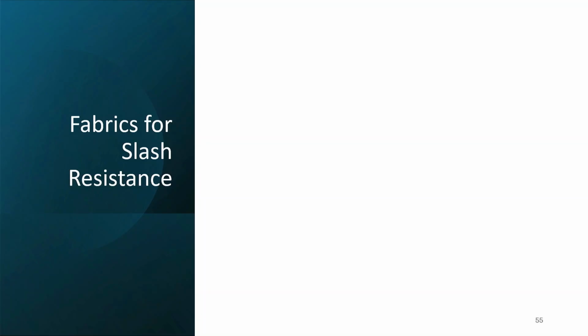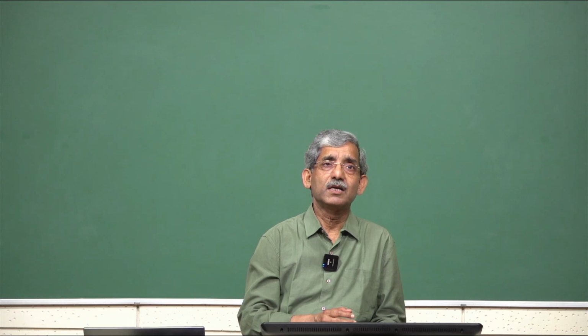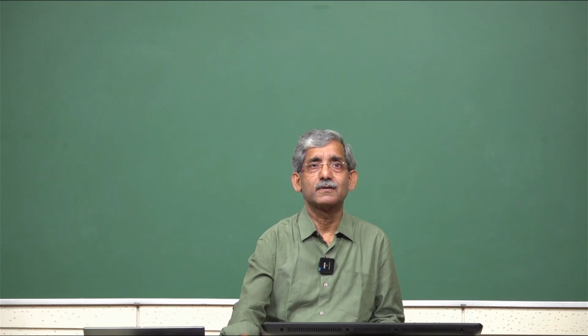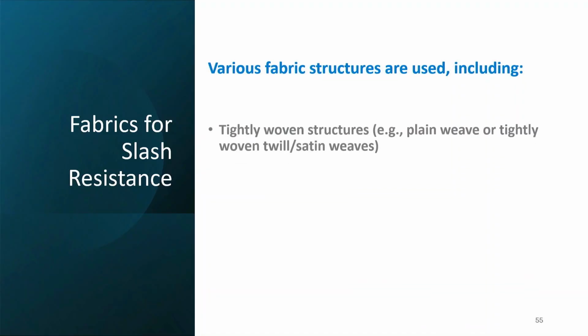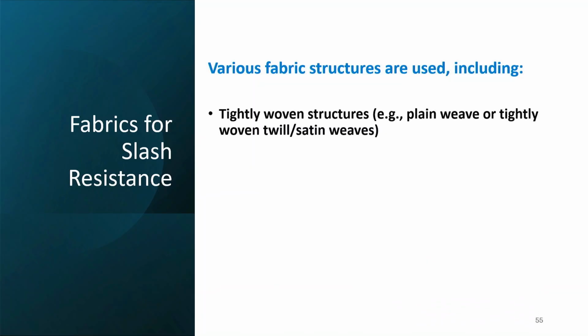Now, different fabric structures are used for slash resistance. These fabric structures are mainly woven structures, like tightly woven structure, particularly plain weave, or tightly woven twill or satin structures are also used.